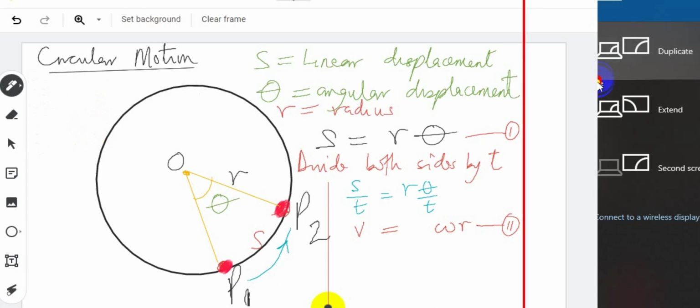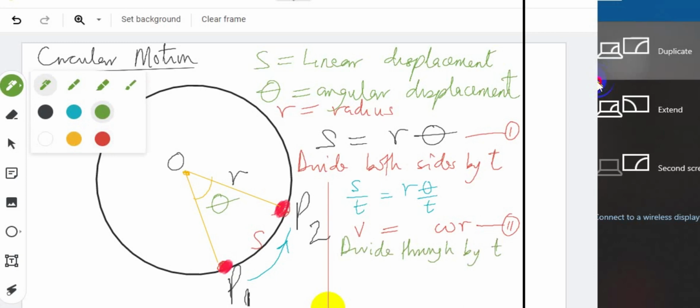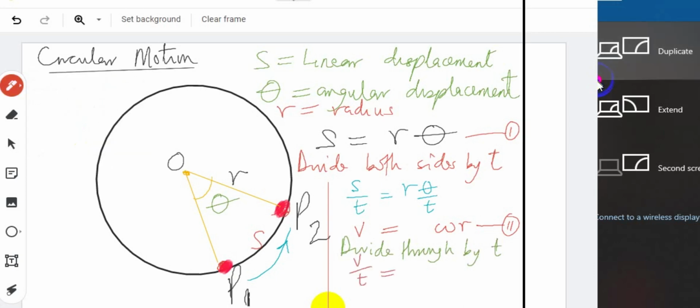Okay, so we might want to divide again by time. Let's divide this equation 2 by time, and you're going to have v over t is equal to omega r over t.